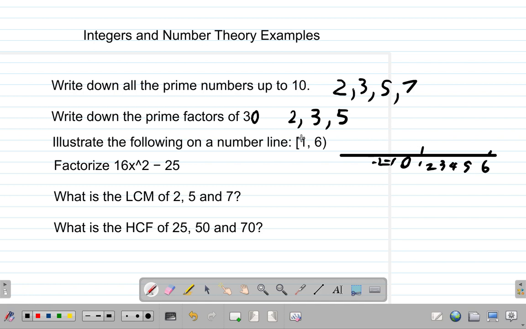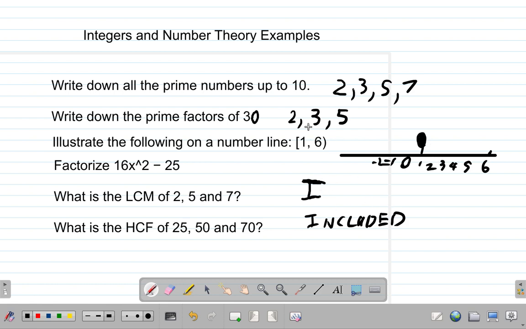Now, the square bracket means that 1 is included. So you shade the circle above 1. Right? The square bracket means included. One way I remember that is that a square bracket kind of looks like an I, for included.